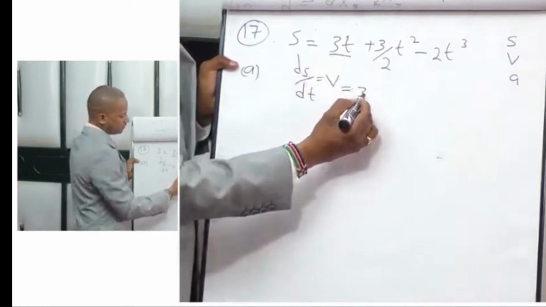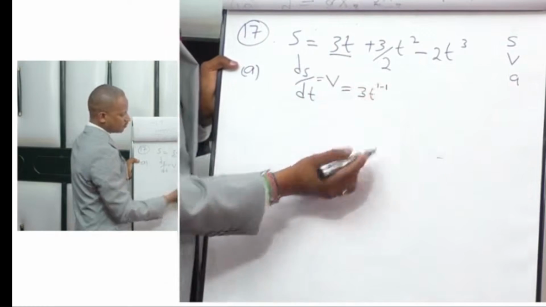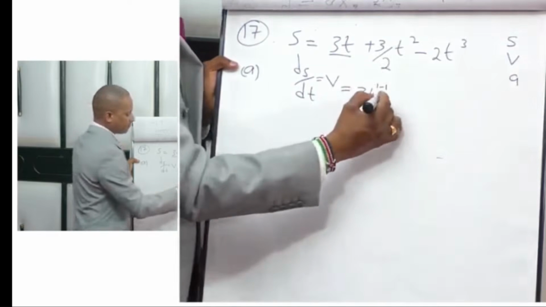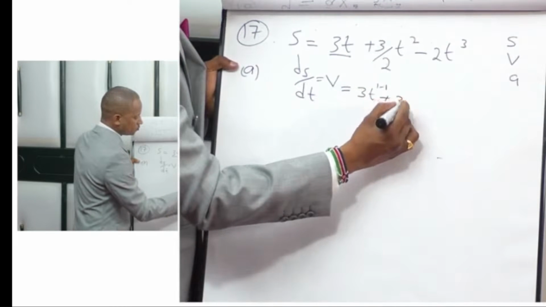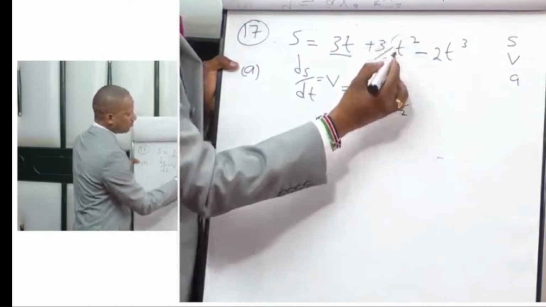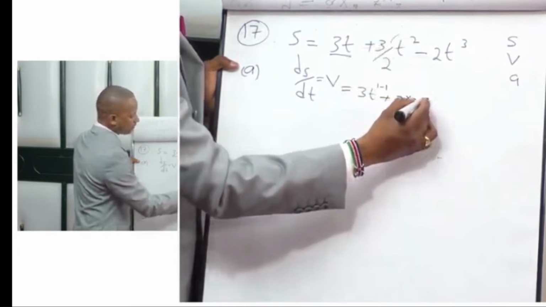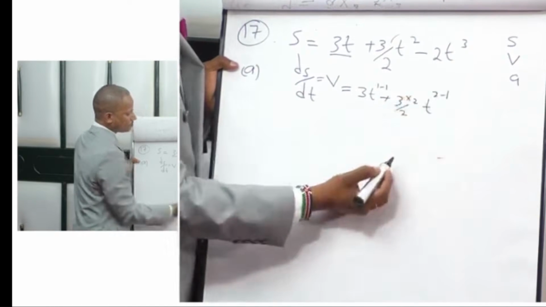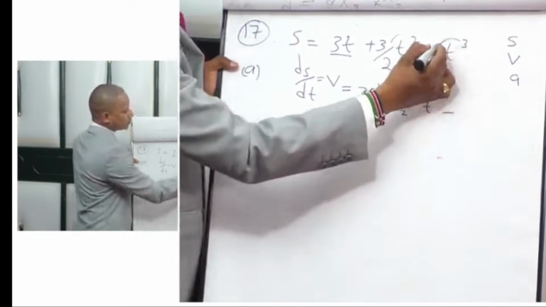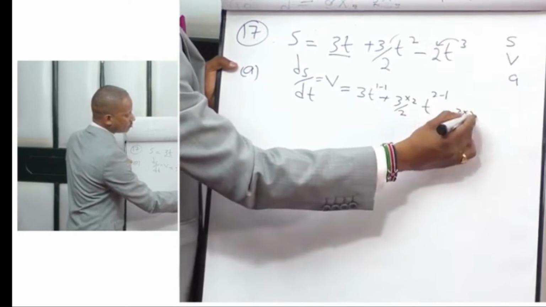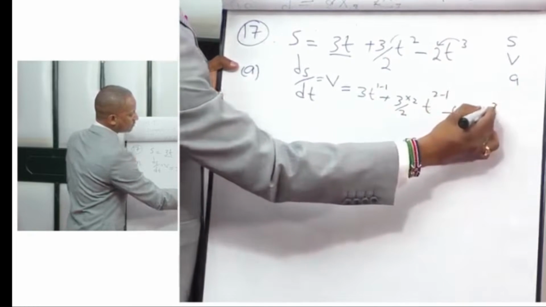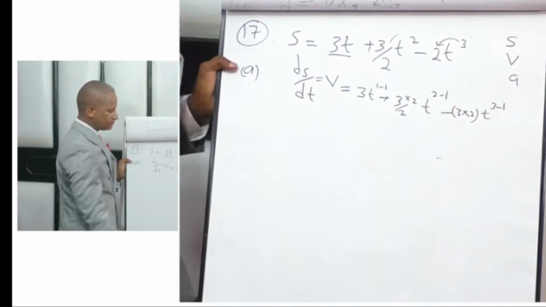This is going to be 3t, then 1 minus 1. Plus, this is 3 over 2. You drop the power, which is 2, then t, 2 minus 1. Minus, you drop the power, becomes 3 times 2, then t, 3 minus 1.